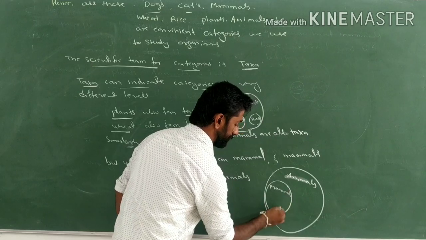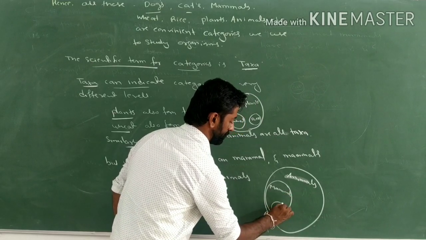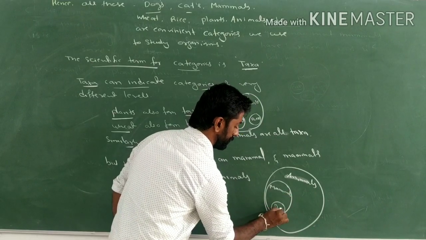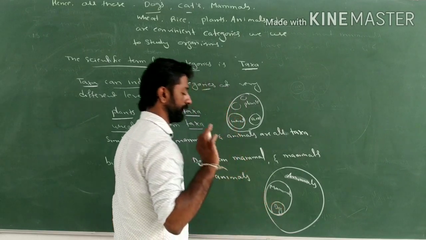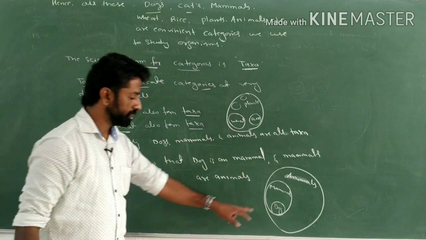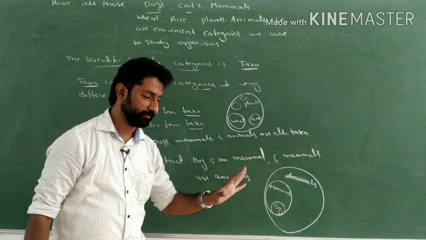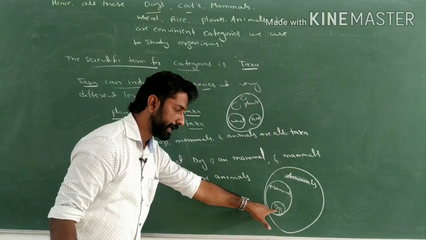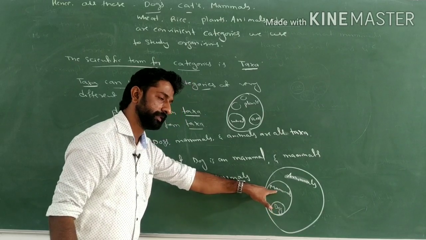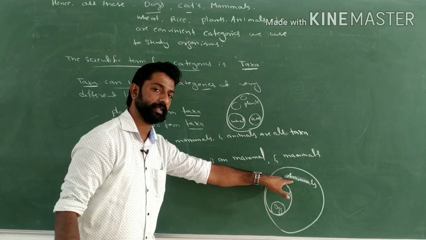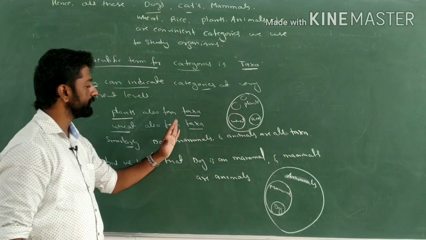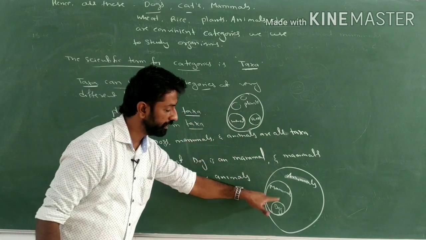In such mammals, various types of organisms are there, in which dogs are also a particular category. So all dogs are mammals and all mammals are animals. So dog is one taxa, mammal is another taxa, animals is another taxa. This taxa is representing the same animal at a different level.